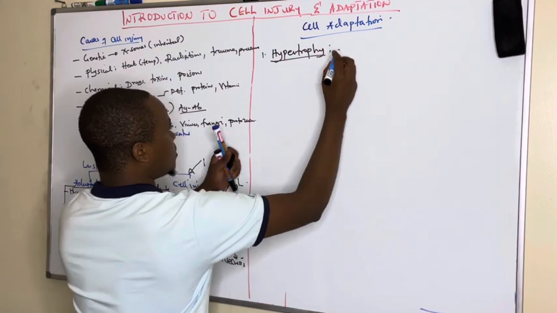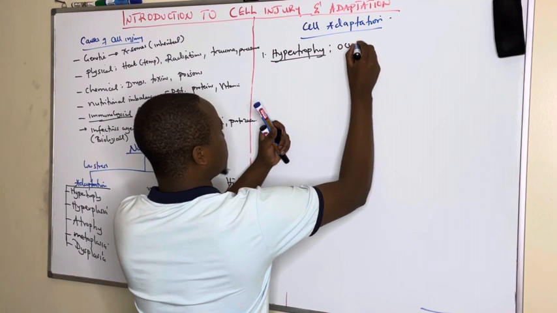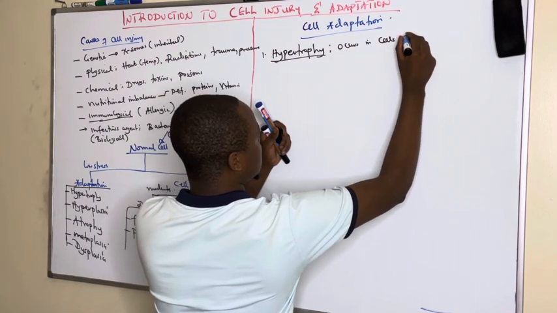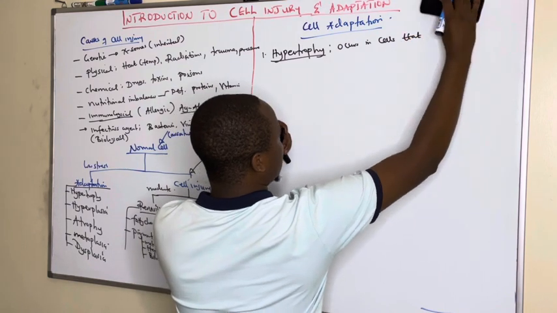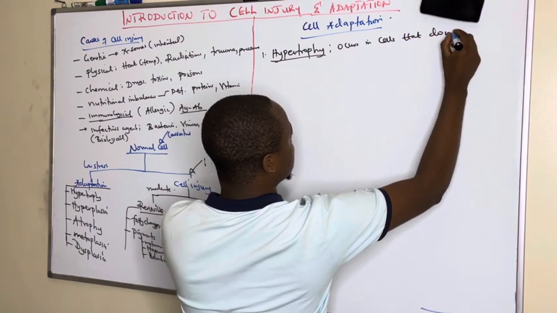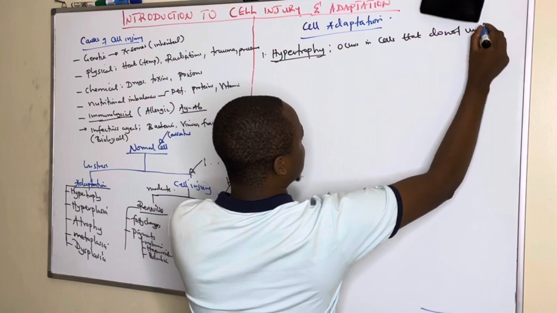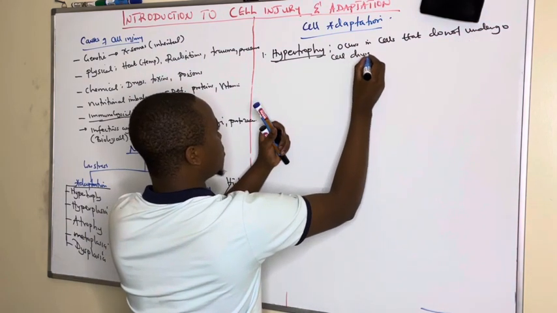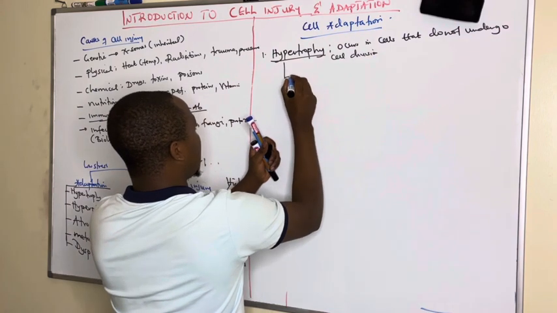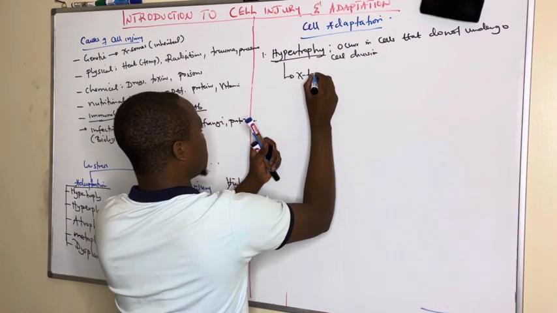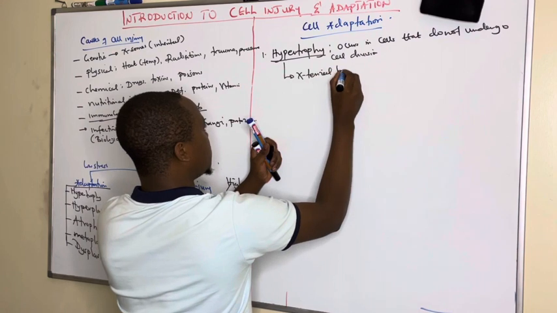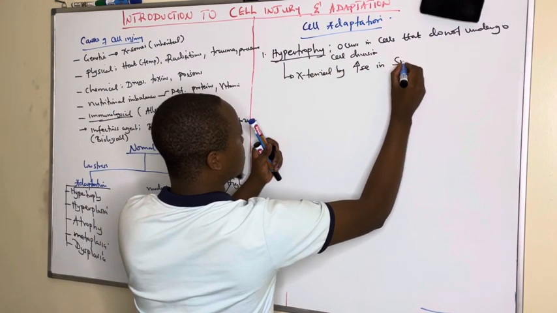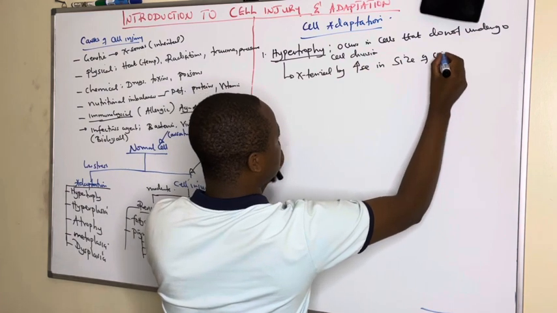Hypertrophy occurs in cells that do not undergo cell division, and it is characterized by increase in size of cells.